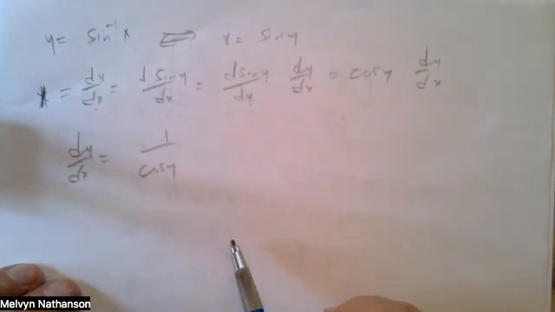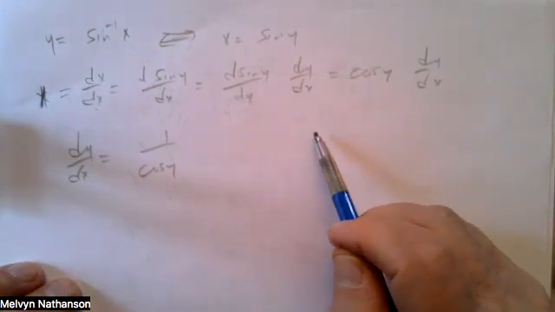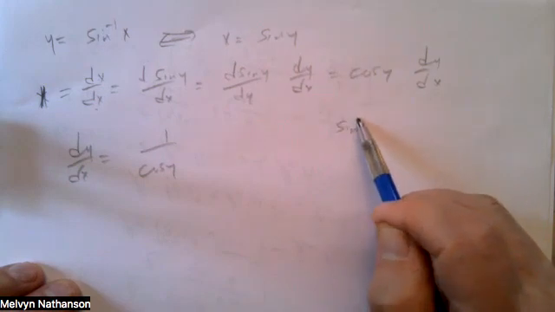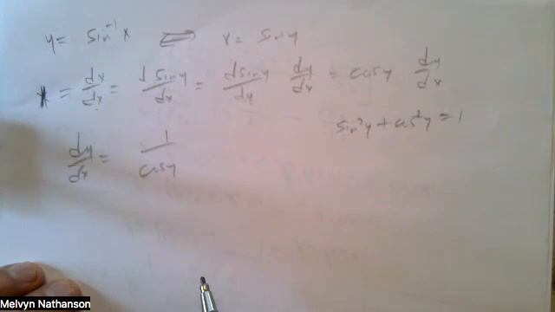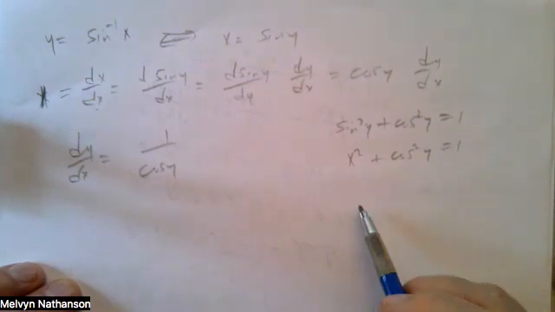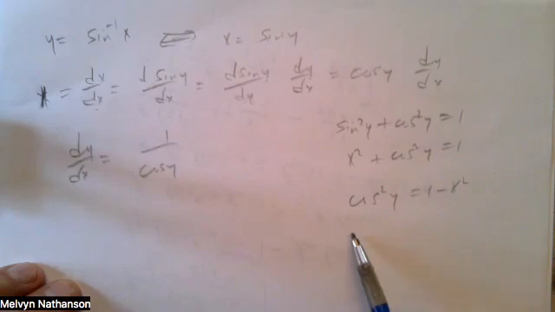But of course, we would like to have everything in terms of x. But we always know the basic trig identity, sine squared y plus cosine squared y equals 1 for every angle y. Sine y is x, so x squared plus cosine squared y equals 1. Cosine squared y is 1 minus x squared, so cosine y is the square root of 1 minus x squared.